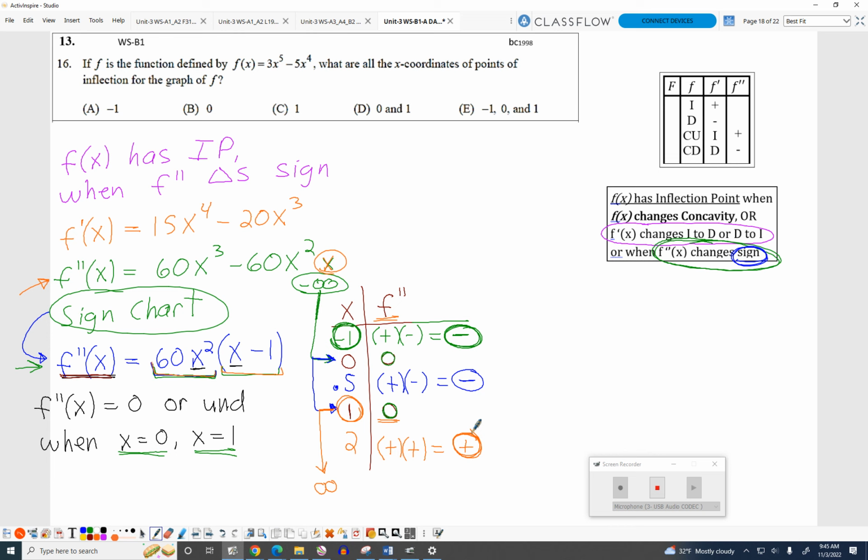So we're looking for where f has points of inflection, which means we're looking for where f double prime changes sign. Show me again. Some people had it wrong. I think we fixed the error. If you are doing this, you get to write down 3 points.